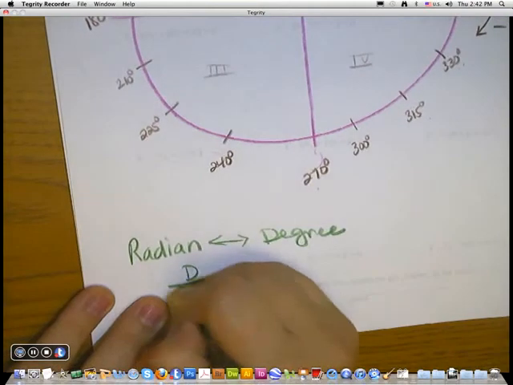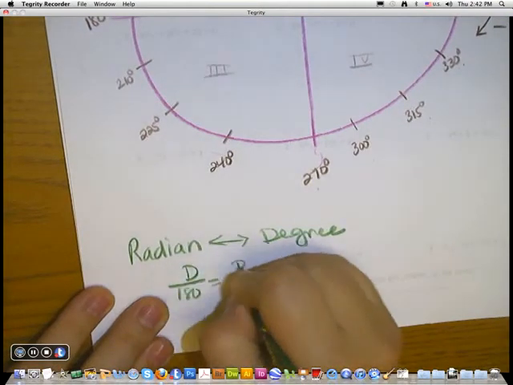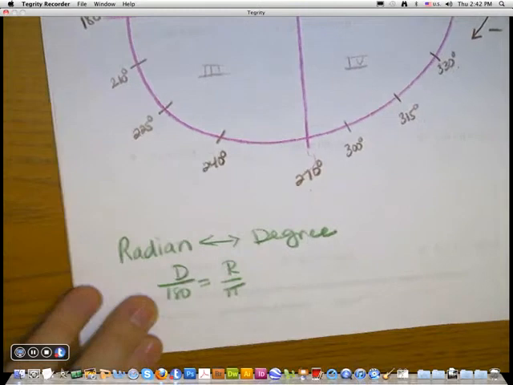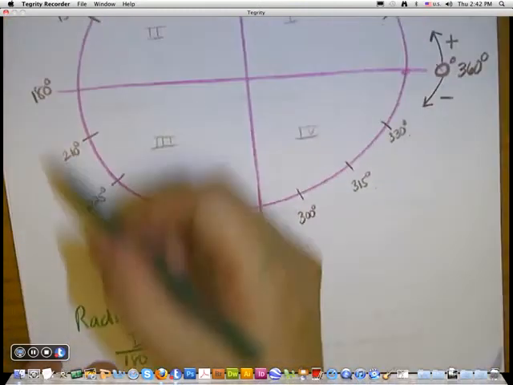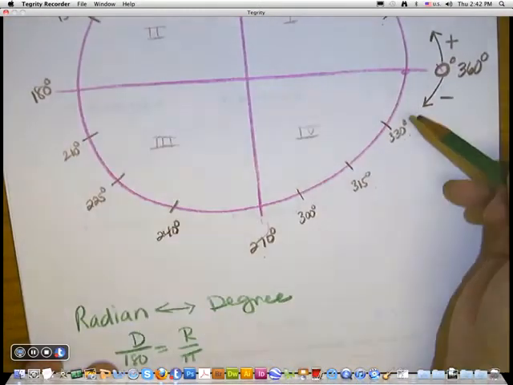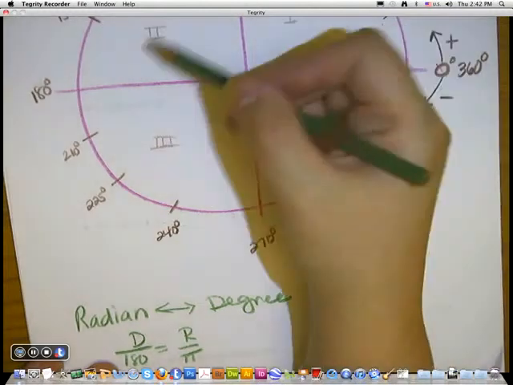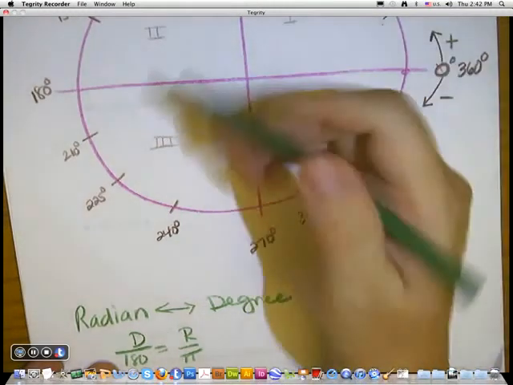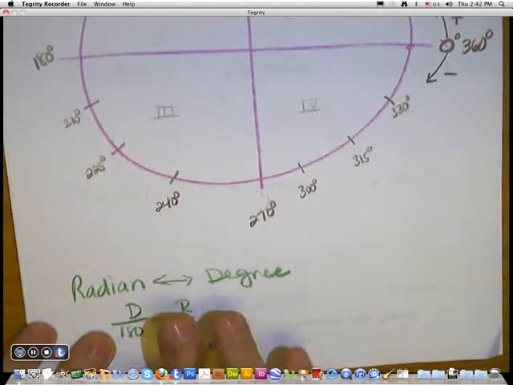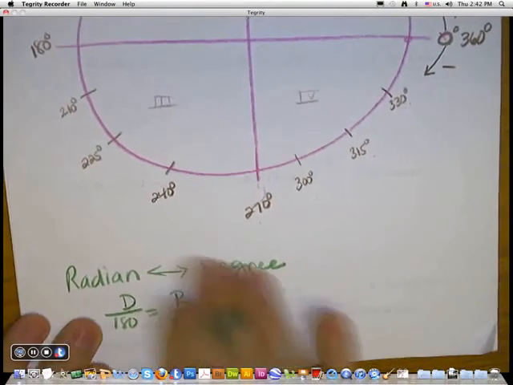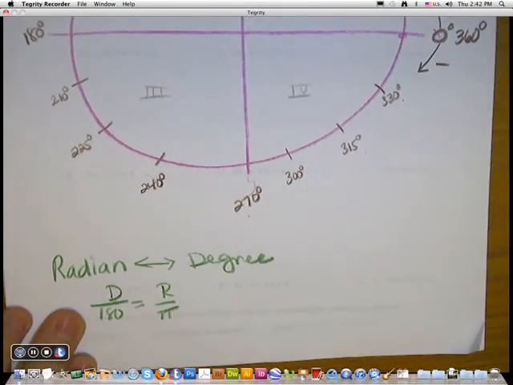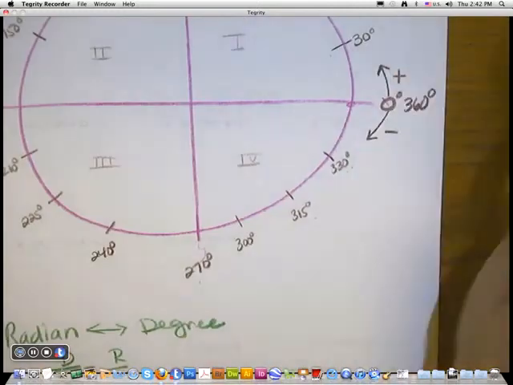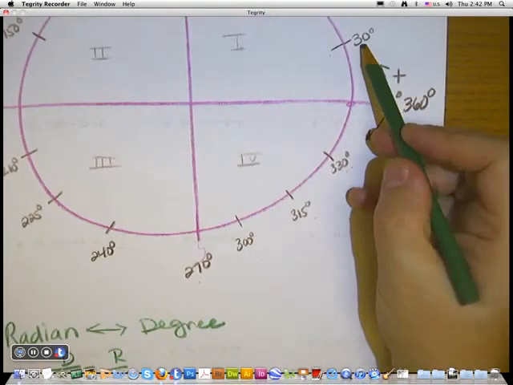A degree is to 180 as a radian is to pi. So I know my degrees. I should know my degrees. And I can find any degree measurements, radian measurement, by using this ratio and relationship.